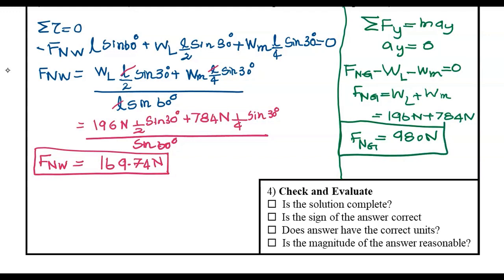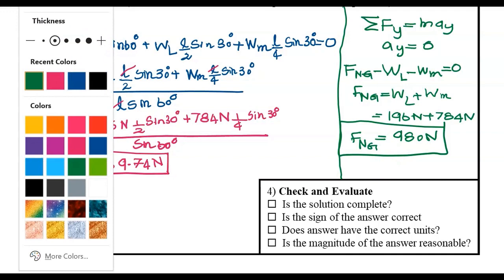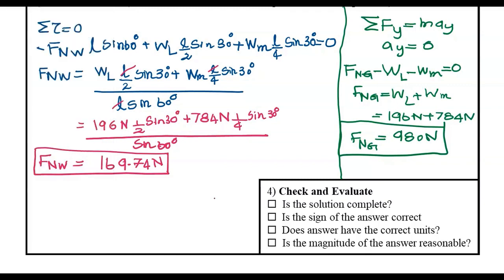Easy. And the next force I'm going to calculate is the static friction force. So the next option I have is obviously to use Newton's second law in the x direction. And if you look at the free body diagram, guys, we have only 2 forces in the x direction.